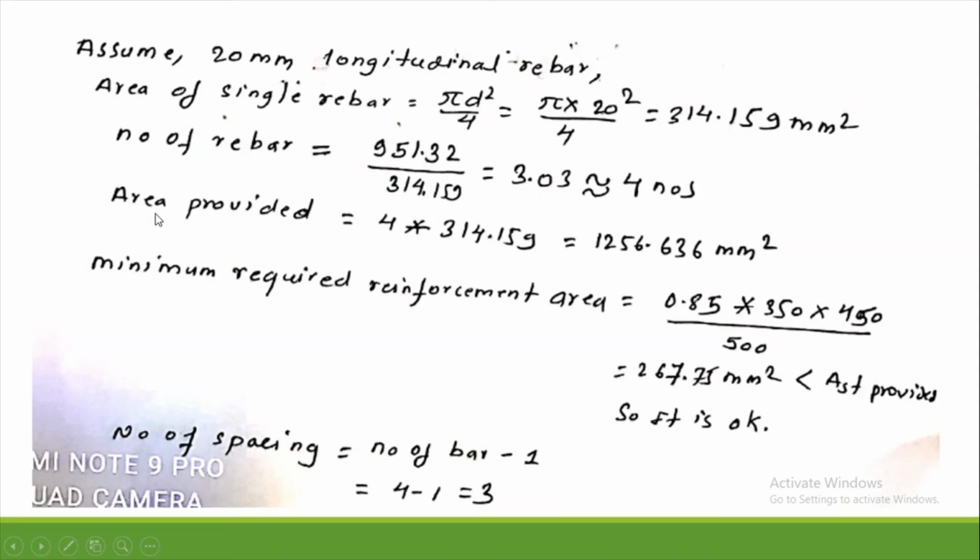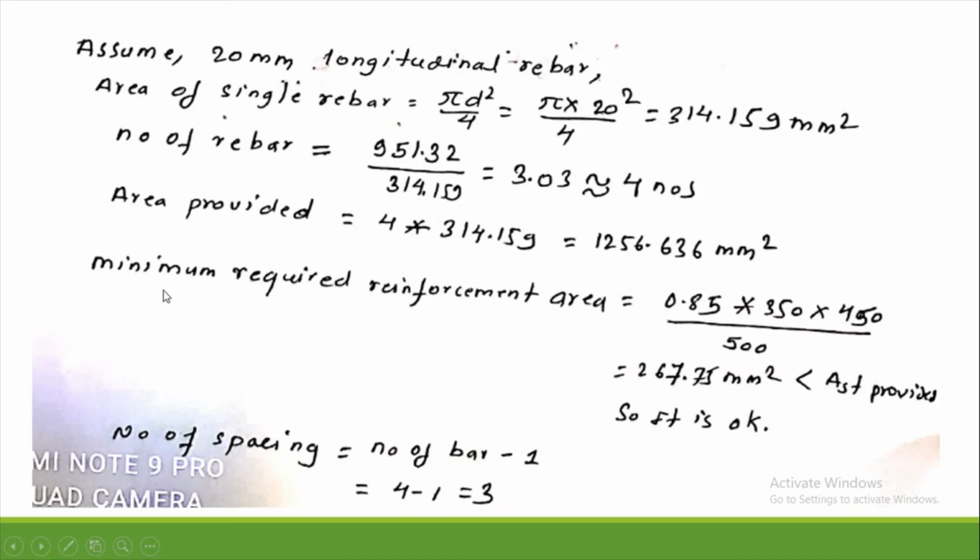Now area provided is equal to 4 numbers times the area of a single rebar, right? If we multiply that, then we're going to get the provided area, 1256.636 mm square.